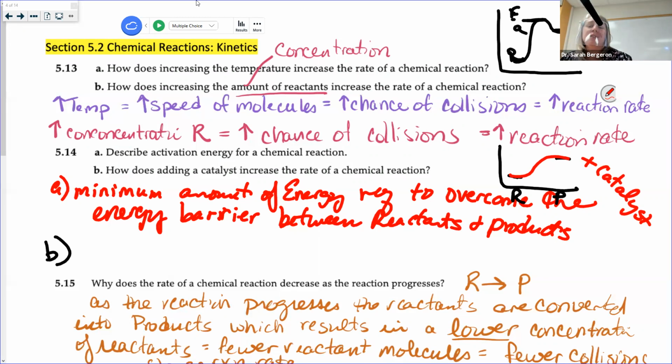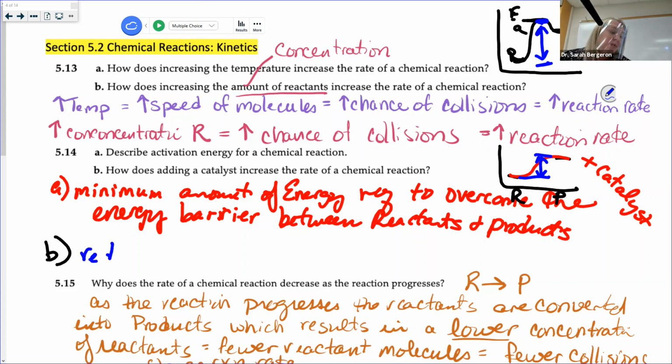So my catalyst did what? I had an activation energy that's pretty gosh darn high. From here to here is my activation energy. I dropped that activation energy by quite a bit by adding a catalyst. Do y'all see that difference? So that's what a catalyst will do for me.